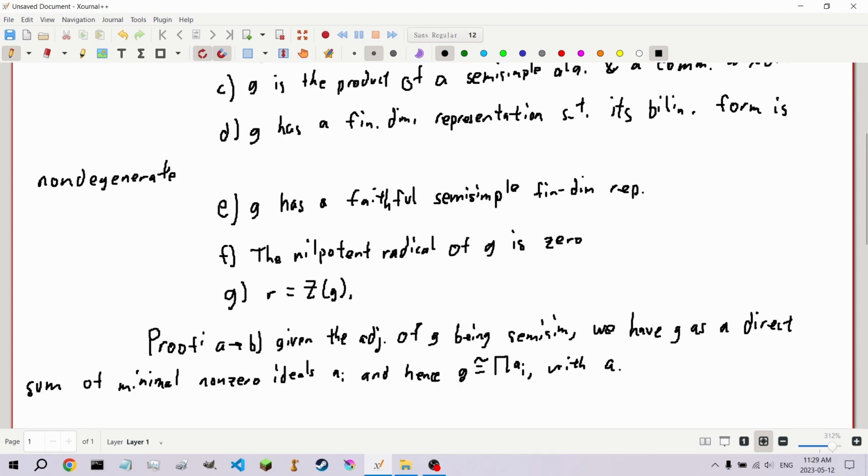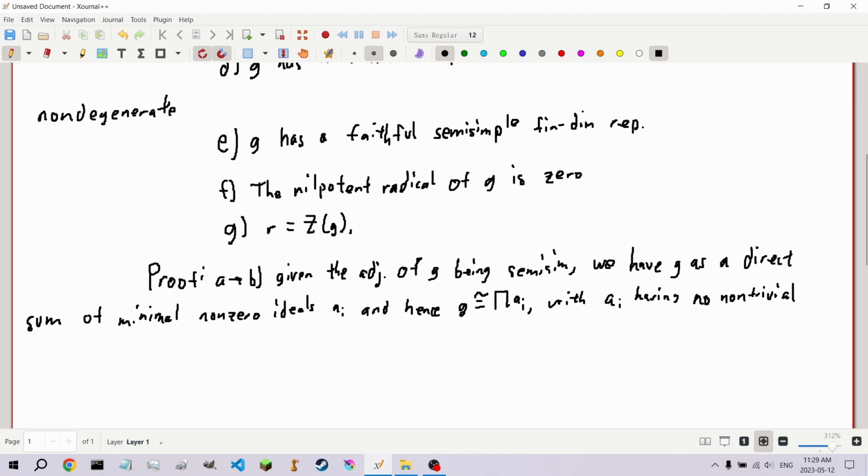With each A_i having no non-trivial ideals and so is either simple or is one-dimensional and commutative.